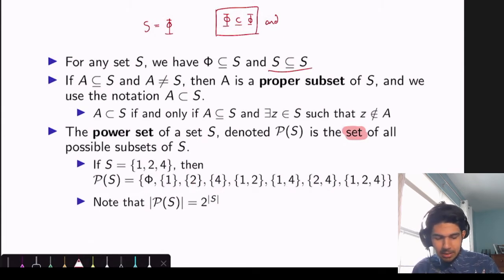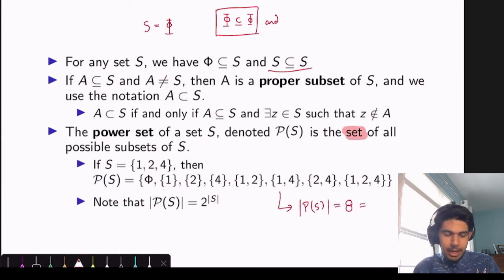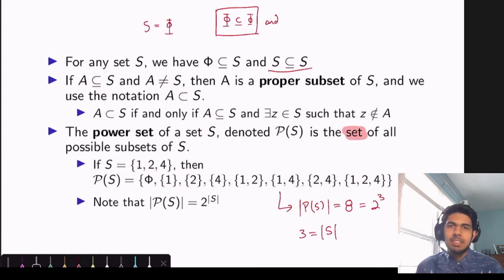So in this case, we have the magnitude of the power set of S is equal to 8, and that happens to be 2 cubed, and 3 happens to be the magnitude of S. So it seems that the magnitude of the power set is 2 to the power of the cardinality of that set. Now it takes a moment to think, is this just a coincidence or is this actually factual? Well, why don't we explore that?